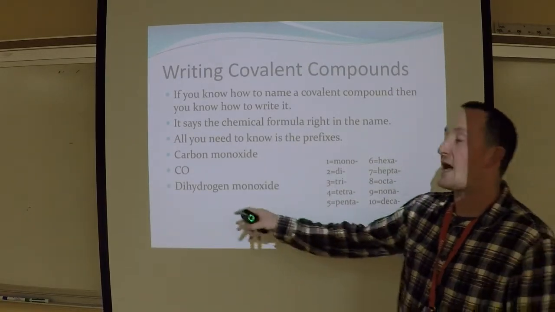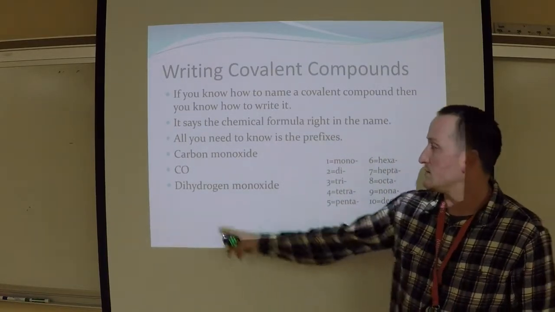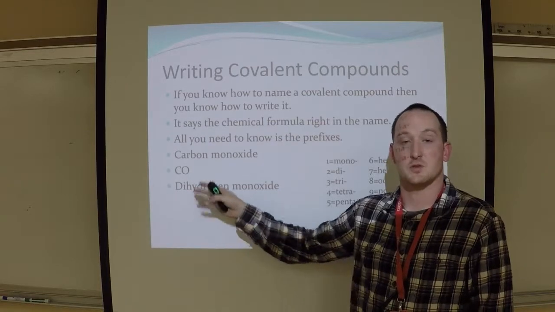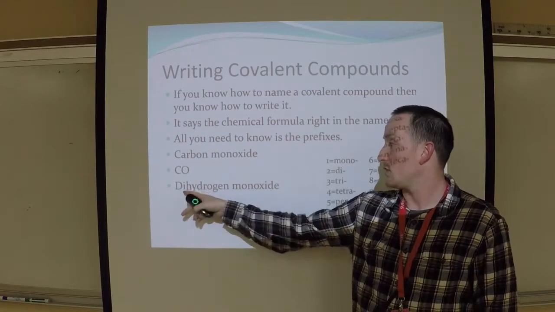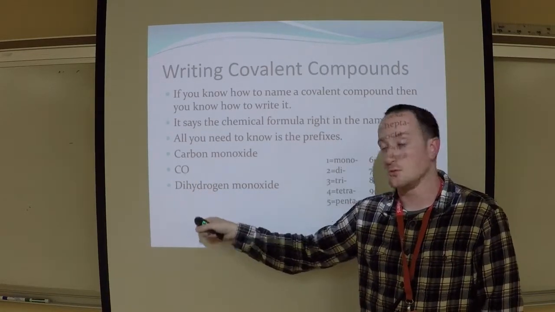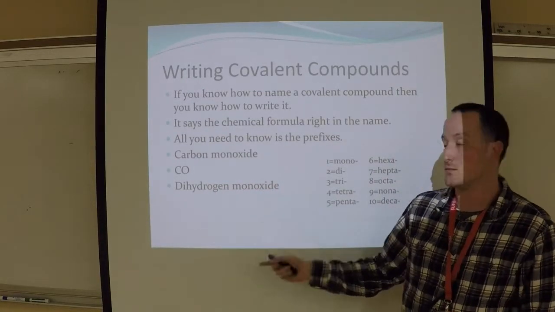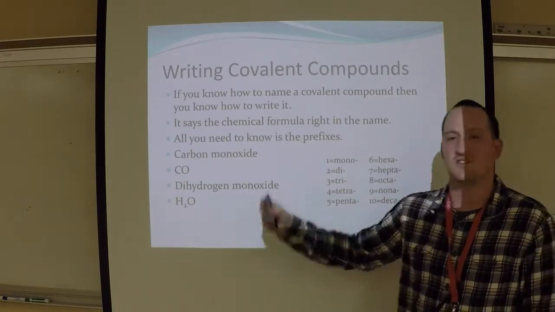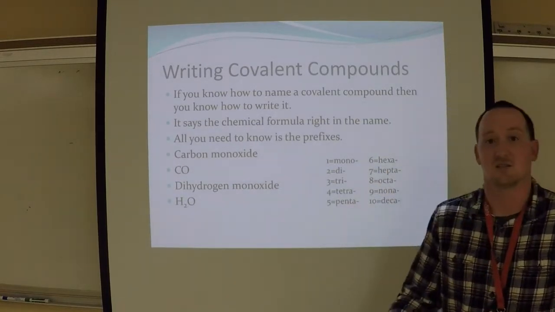Then for dihydrogen monoxide, di is the prefix for two, so we're going to have two hydrogens. I'd start and write H, then the prefix di is there, so it's going to be H2. Then monoxide, there's one oxygen, so it'd be H2O. And you're like, well, isn't this just the formula for water? Yes, it is.